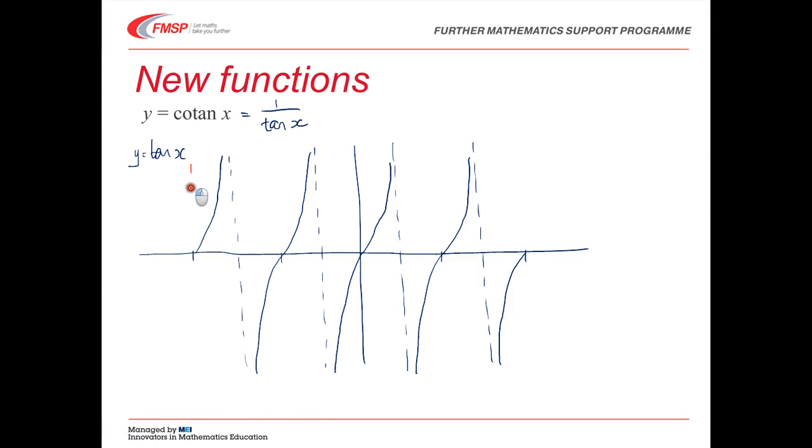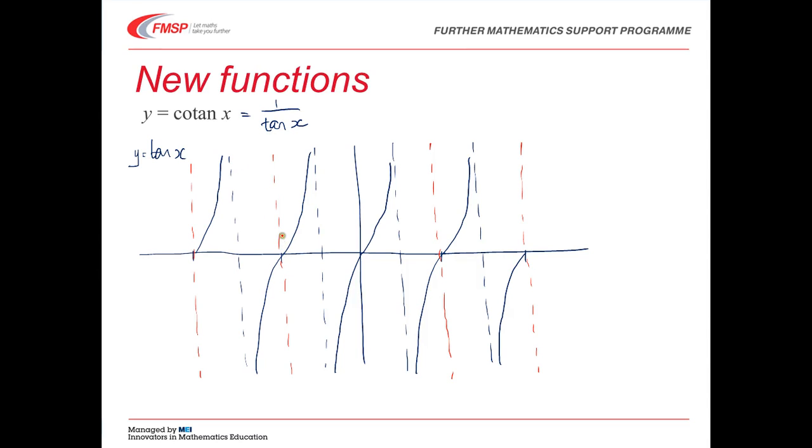First of all, at all the zeros, we need to put in asymptotes. And then note that although tan x is undefined for x equals pi over 2 and so on, y equals cotan of x is defined at those places, and it's defined to be equal to 0.